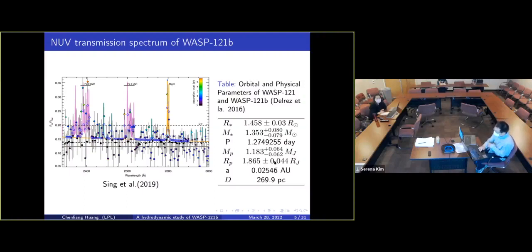So on the right-hand side, I have a table about the parameters of this system. So it's surrounding an F5 star with a very short period. The planet itself is very low density, it has very low surface gravity, it's an ultra hot Jupiter.